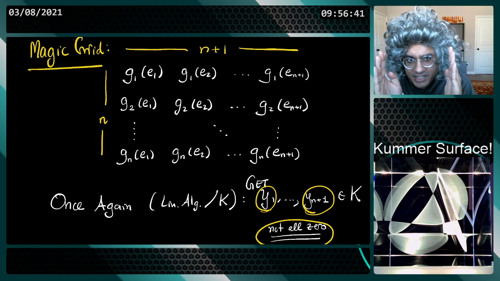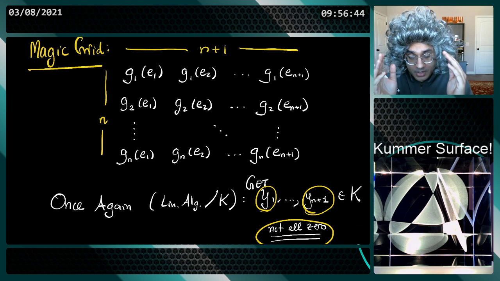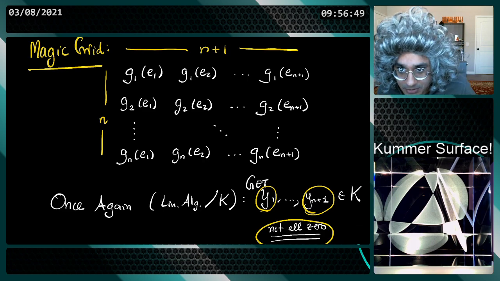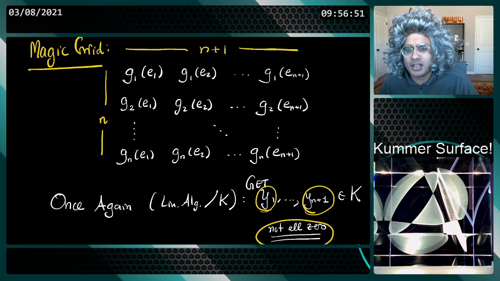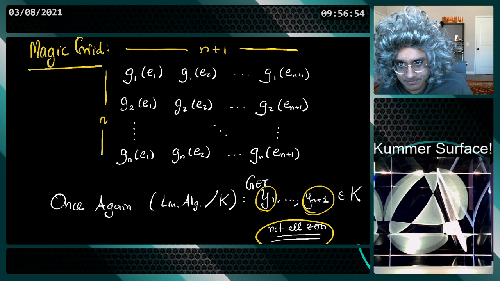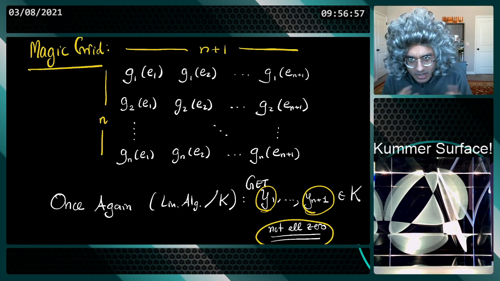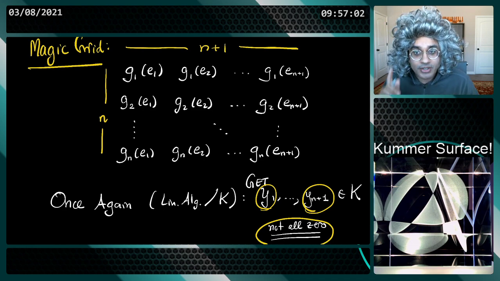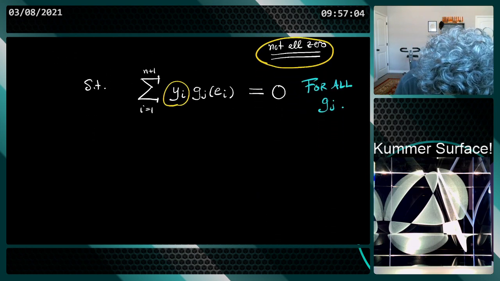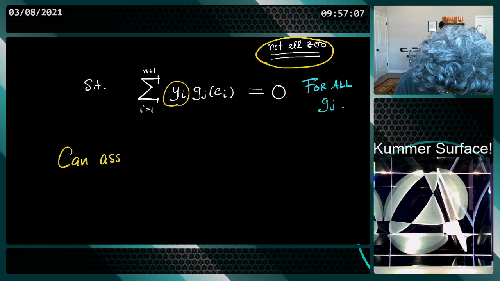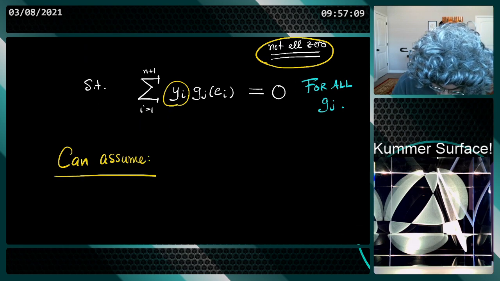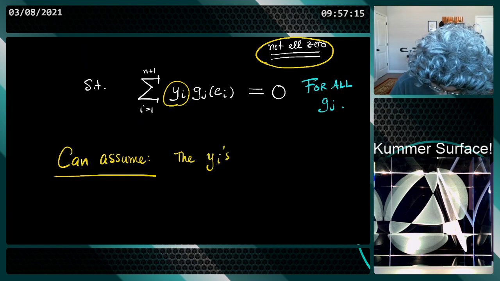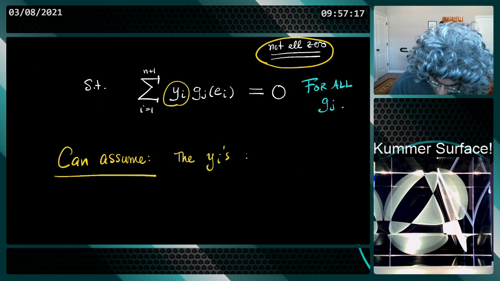Then you can reorder the Ei's. What happens when you reorder, swap E1 with E2? Oh, I'm sorry, I forgot to list them the right way. It just swaps these columns. Look carefully. So you can swap the E1s up to En plus 1s around so that the following is true. You can assume the yi's have the following properties.